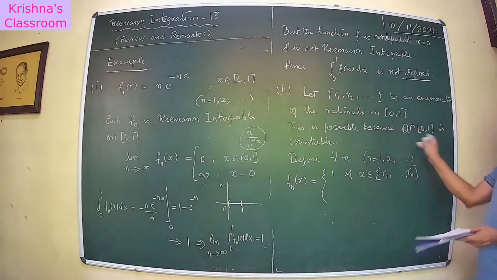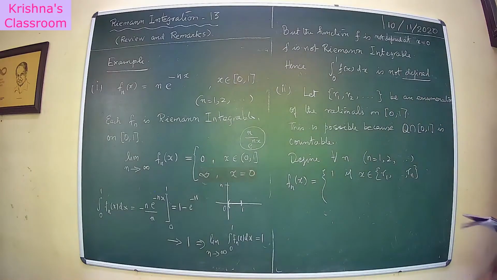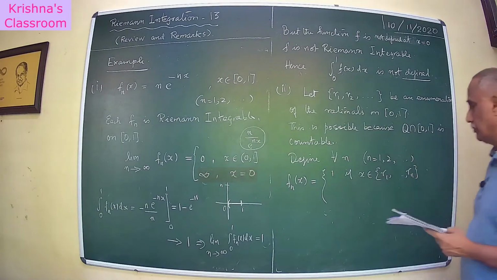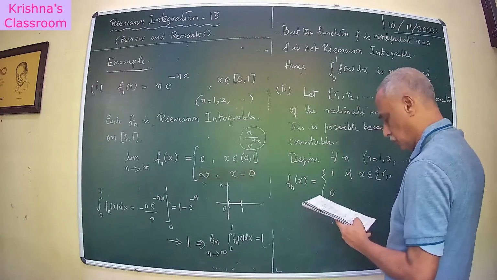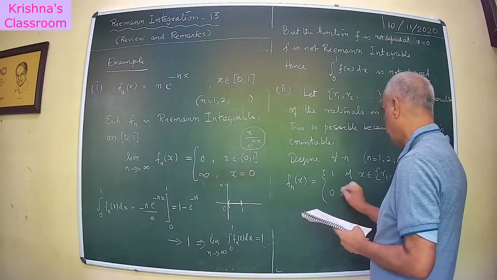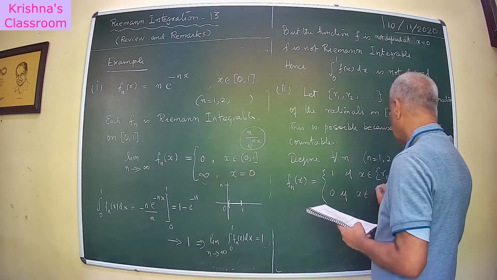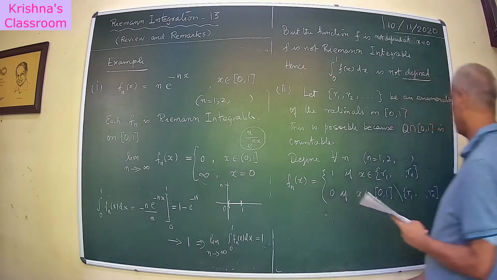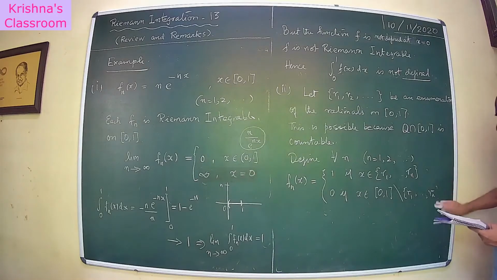That is at these points r1, r2, etc. we define the function fn as follows: at r1, r2, up to rn, you define the function to be 1, otherwise 0 if x belongs to the complement of it.